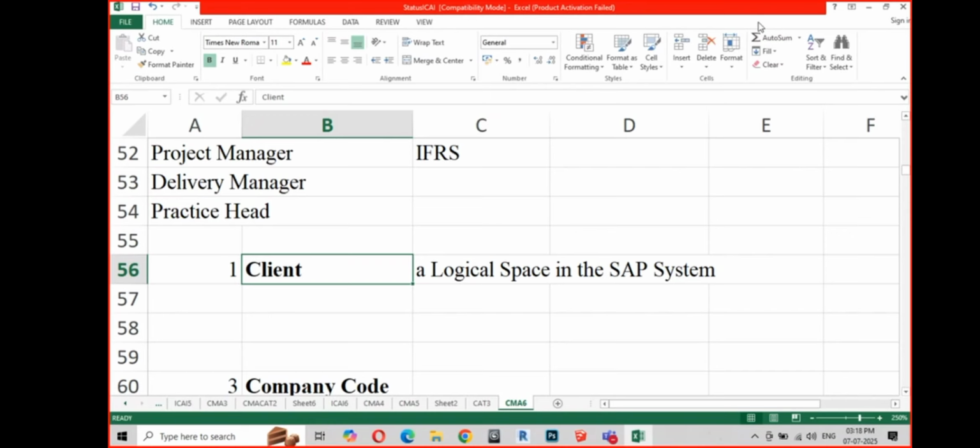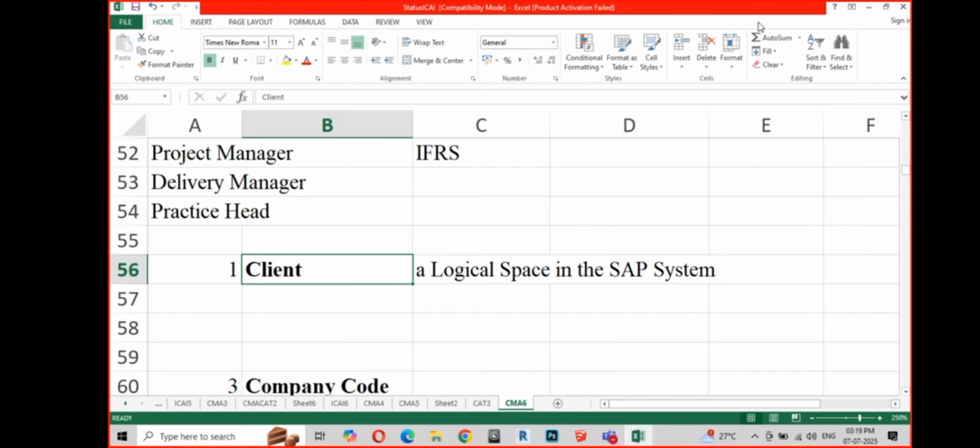Tomorrow you're all going to become qualified CMAs. So knowing a little bit of SAP may also be a wonderful advantage for you. And the institute has done a wonderful thing by giving you an opportunity, right? Now coming back to, somebody is asking me what is a client.